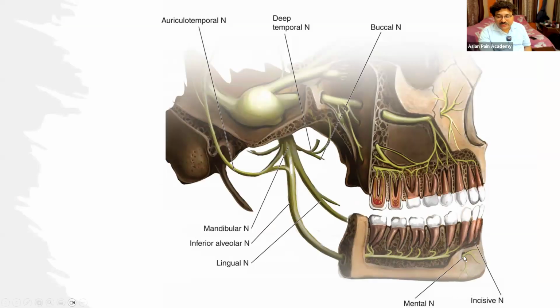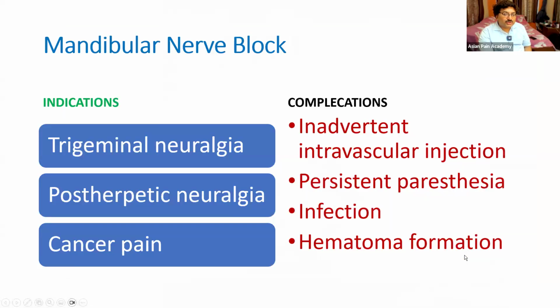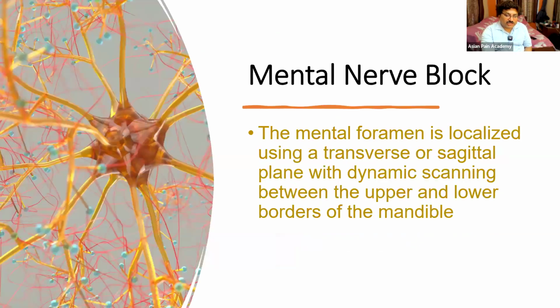There is a small branch known as the mental nerve, which comes out of the mental foramen, and this nerve can also be blocked if there is a localized disease. The indications for the mandibular division block are trigeminal neuralgia, postherpetic neuralgia, and sometimes cancer pain. Complications include inadvertent intravascular injection, persistent paresthesia, infection, and hematoma formation.